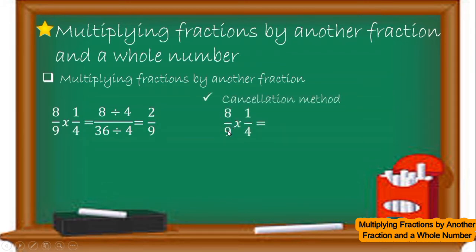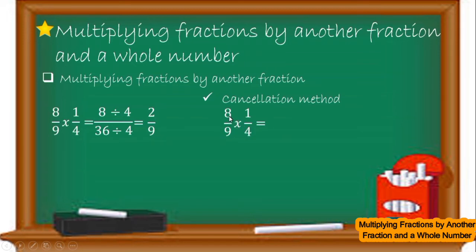8/9 times 1/4. Use the cancellation if the numerator across the denominator of the other fraction has a greatest common factor. What is the greatest common factor of 8 and 4? The greatest common factor of 8 and 4 is 4.